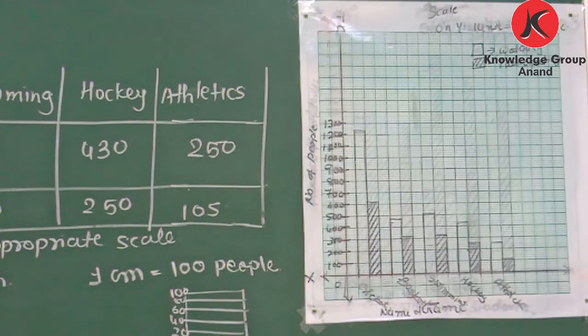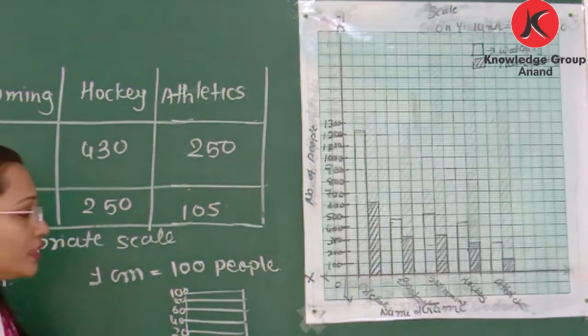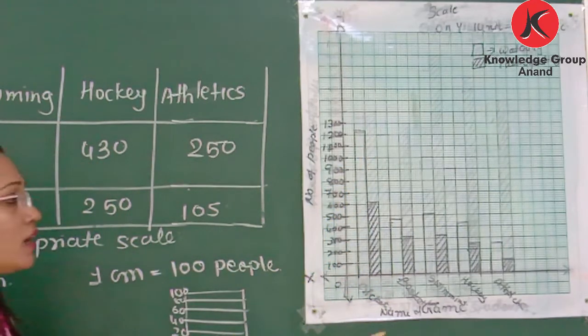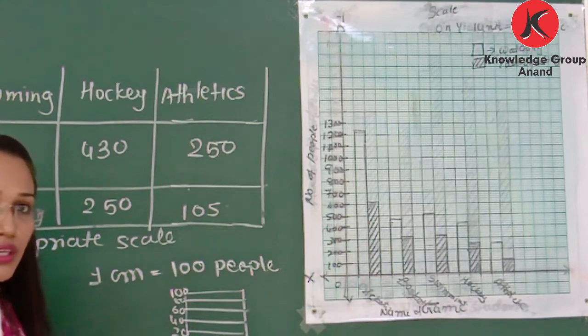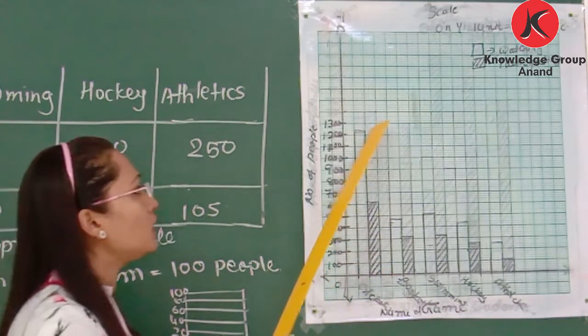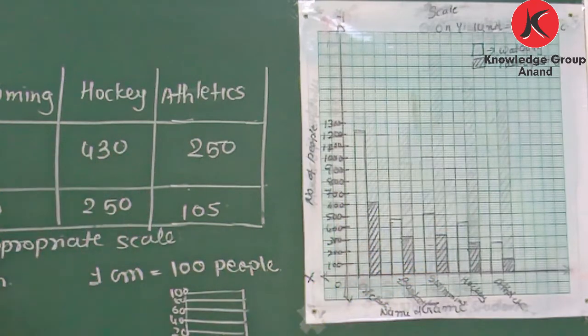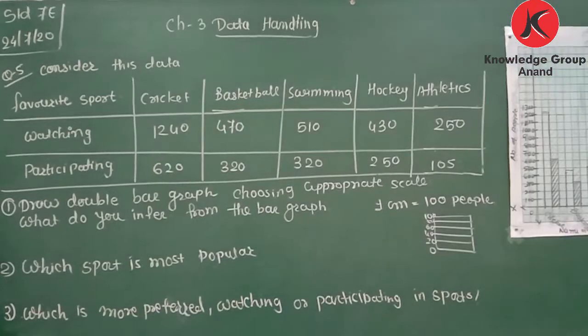Then, which is more preferred, watching or participating? In the bar graph you can see that the height of watching is more than the height of participating. So watching is more preferred. What do we infer from the graph?